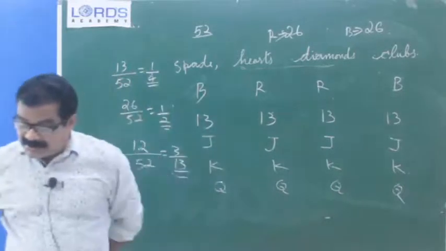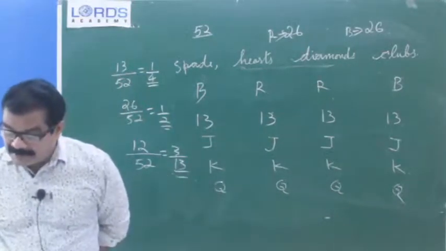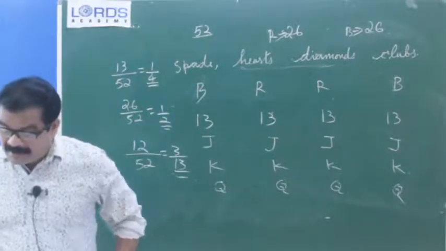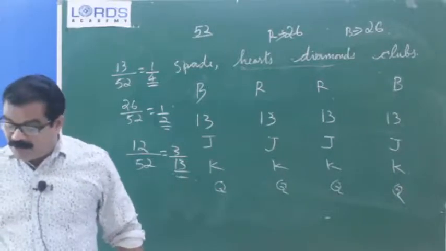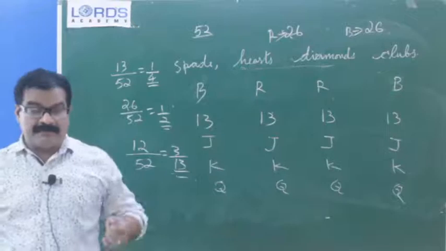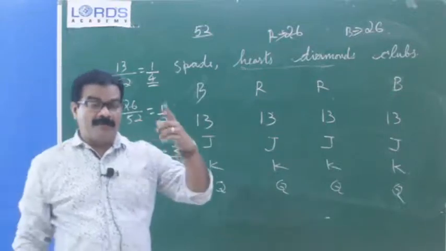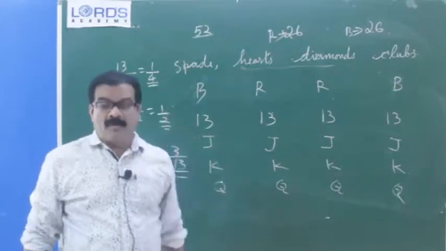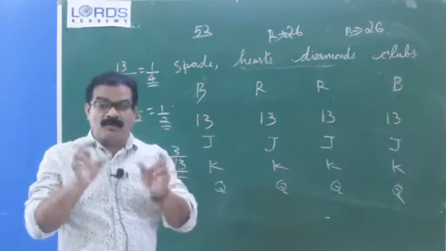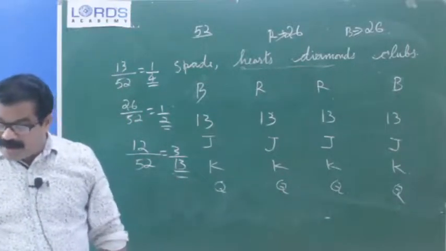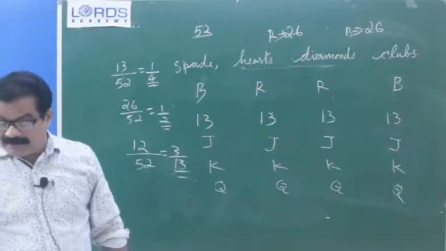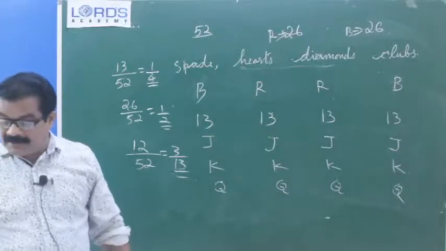The next subdivision, probability of getting 5 of heart or diamond. In the previous class I told you that for 'or' you have to consider both of them. So, 5 of heart or diamond, can anyone tell me the favorable case?